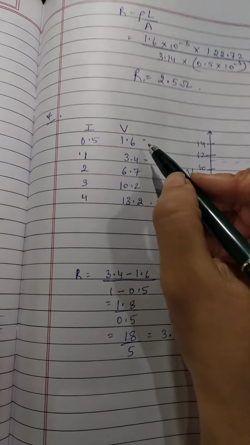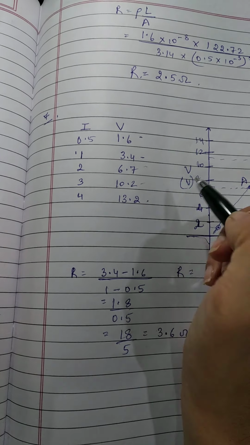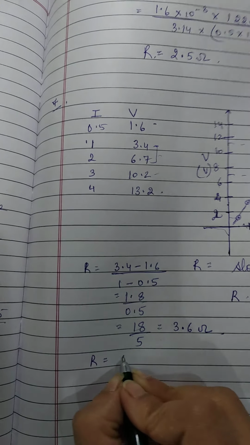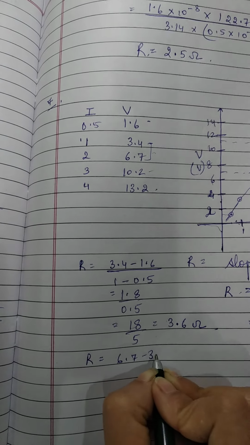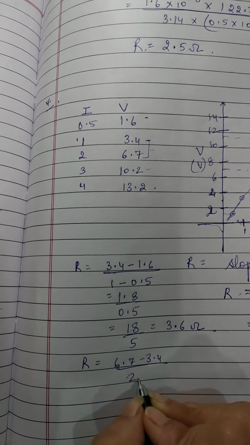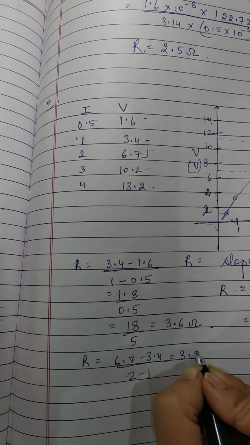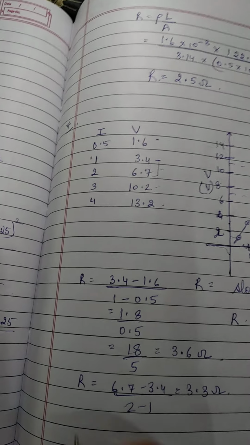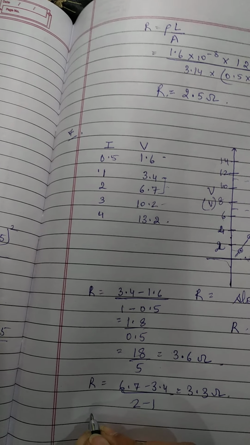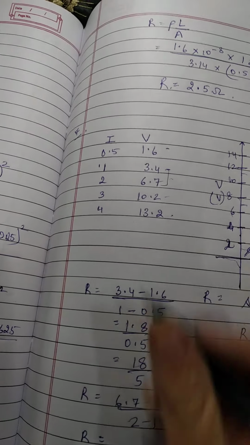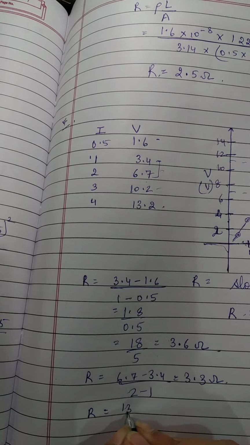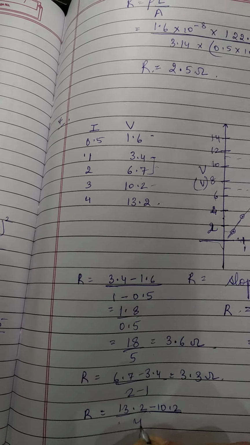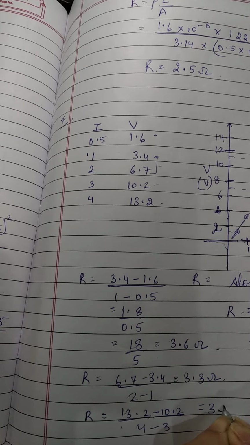Likewise, we can calculate for these two. R is 6.7 minus 3.4 upon 2 minus 1. That is 3.3 ohm. So more or less they are constant, but not exactly the same. Then for these two values, if I calculate, this comes out to be 3 ohms.